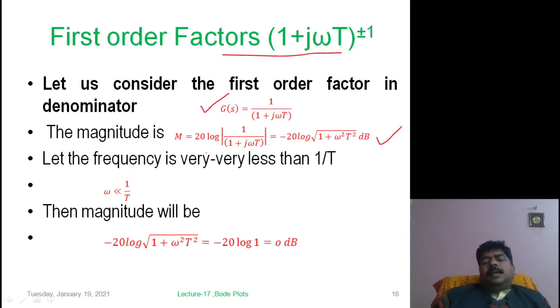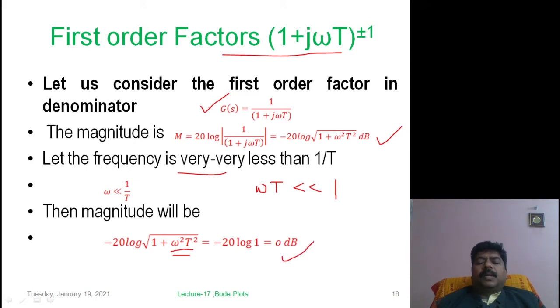Here this factor can be considered for the low frequency part and the high frequency part. If the frequency omega is very much less than 1 by t, or omega t is very much less than 1, this term can be neglected, giving minus 20 log 1, meaning 0. So for the low frequency part it will continue to contribute 0 dB.